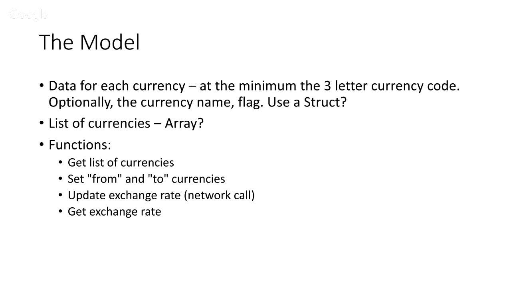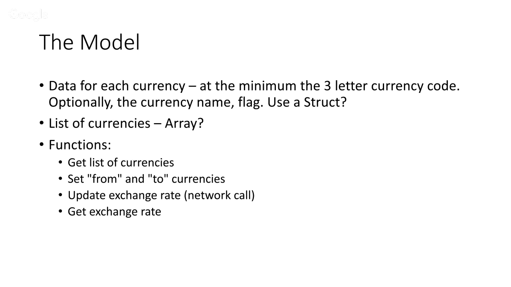And what it could also do is, when it gets the exchange rate, it can save it in a variable called exchange rate. And then we can have a function called get exchange rate, which the controller can call anytime to retrieve.